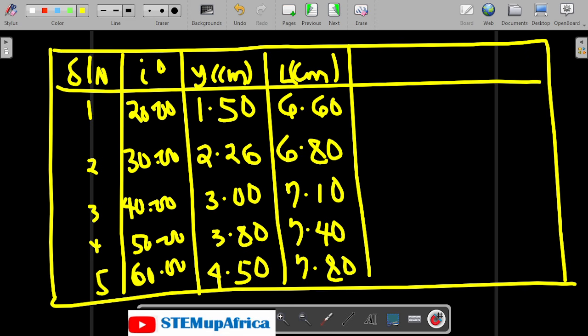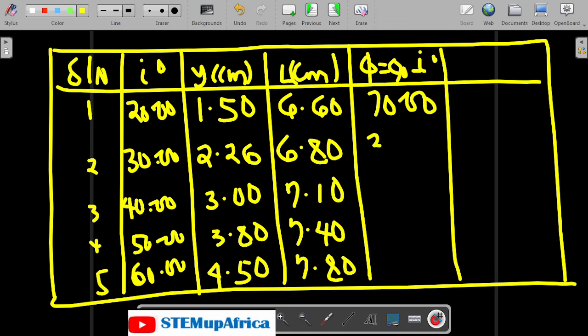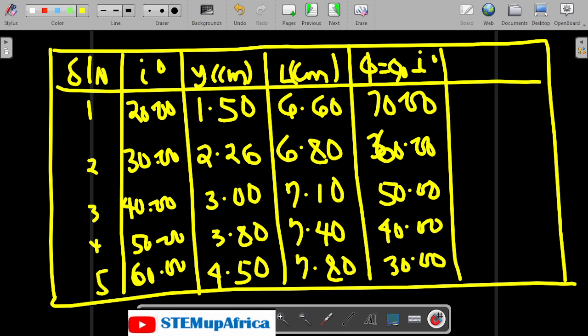Then we have our phi, which is 90 minus the incidence in degrees. So 90 minus 20 gives us 70, 90 minus 30 gives us 60, then 50, 40, and 30.